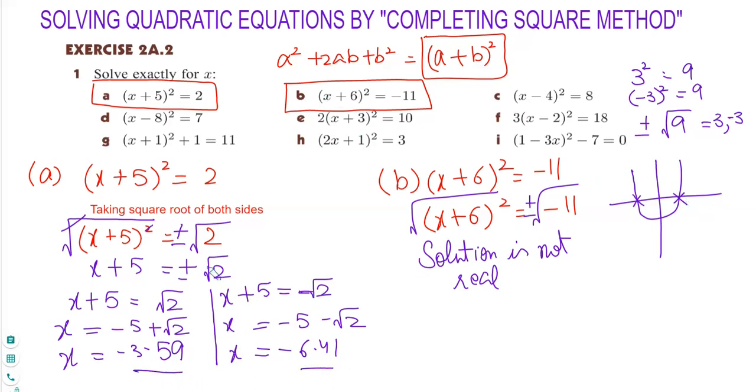These are the roots in part A. So when the solution is not real, it means the parabola is not intersecting the x-axis at all. It could be like this or this, right? So in such a case, we say that the solution is not real because the parabola does not intersect with the x-axis, right? Okay, we try another one.